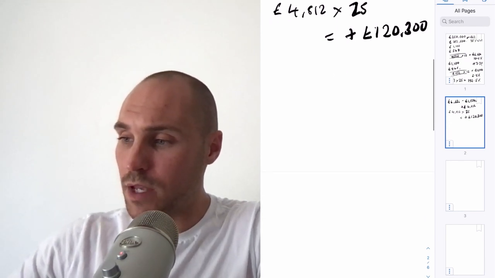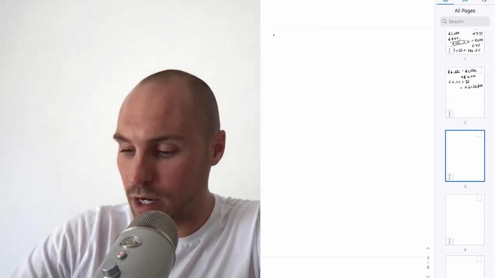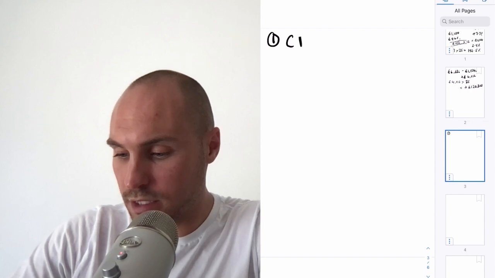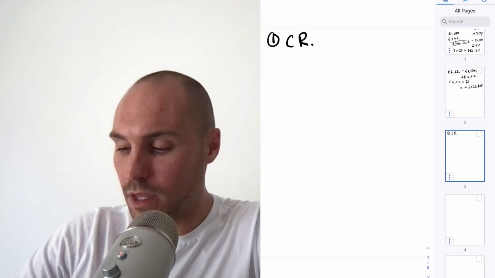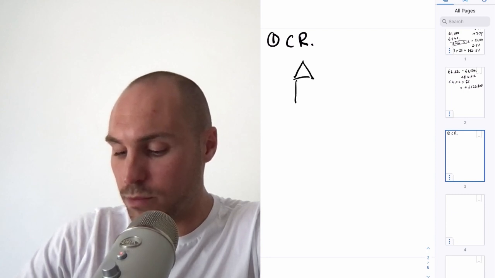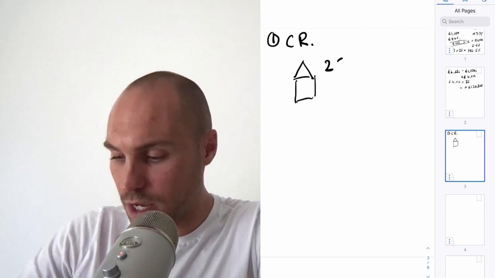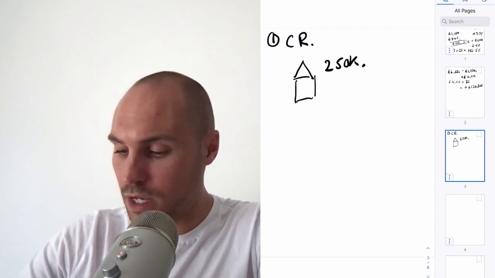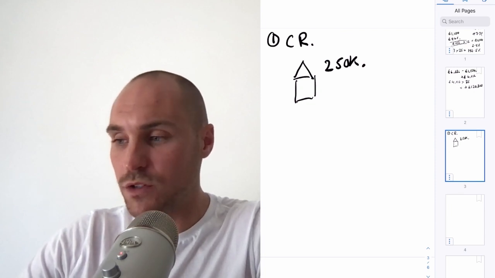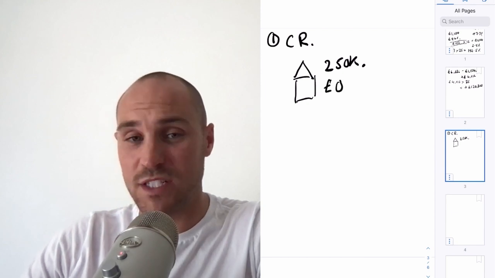I'm going to actually put number one here, and I'm going to put capital repayment. CR means capital repayment. So if we're to buy this one property for £250,000, and all we were to do is invest in this one property, buy it for £250,000, and put a capital repayment mortgage on it, over the 25 years we have zero debt on this property.